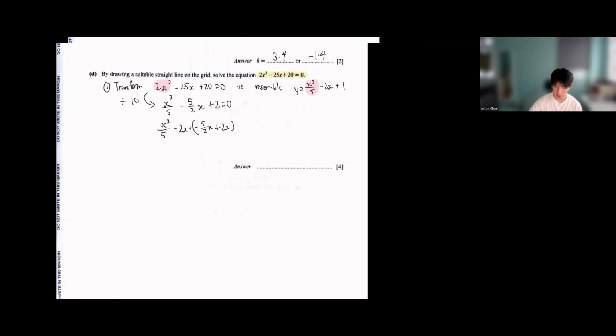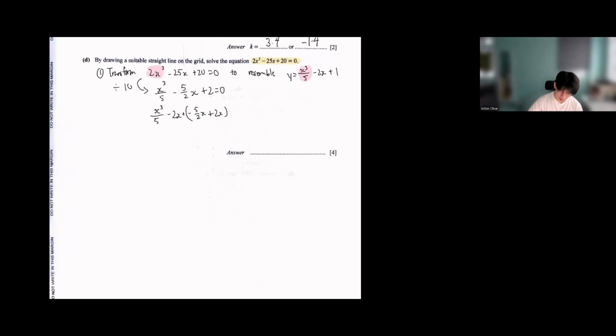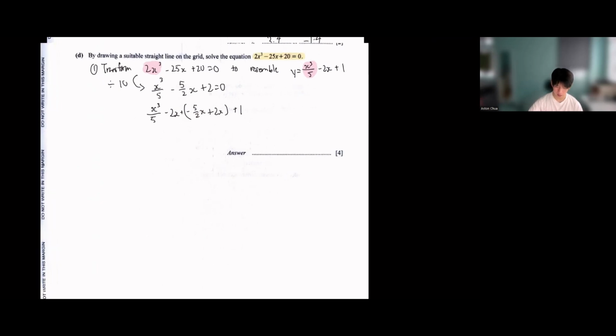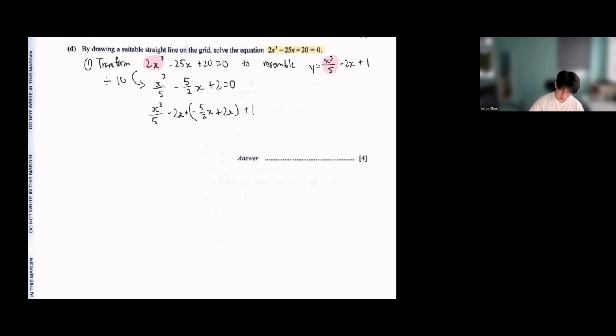Then you want to transform this into 1. So over here, plus 1. Since we plus 1 here, that means we subtract 1 from 2, so we're left with plus 1 equals to 0.